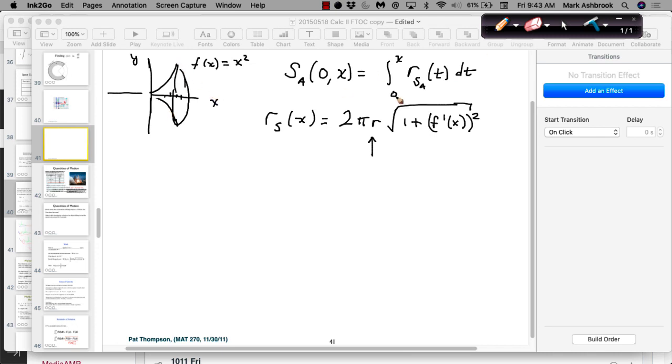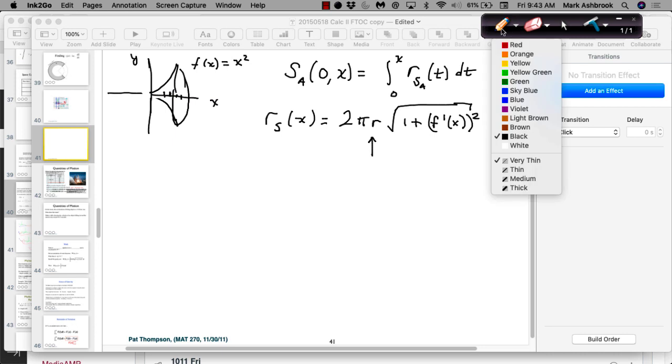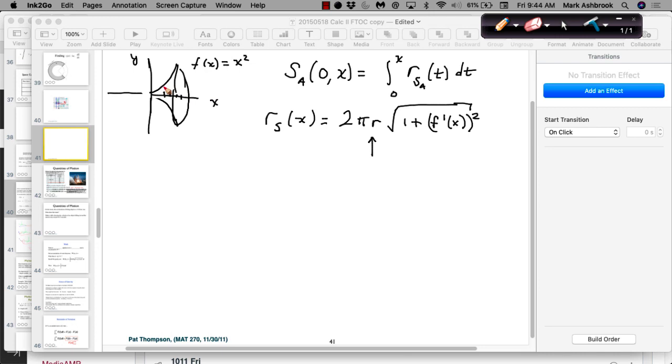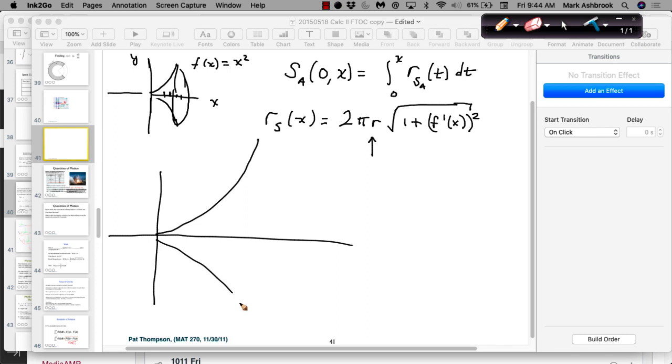So r comes from thinking about what's happening in each interval. I'll try red, since it will show up best. Should have made it bigger. So think about what's happening in one particular delta x interval.